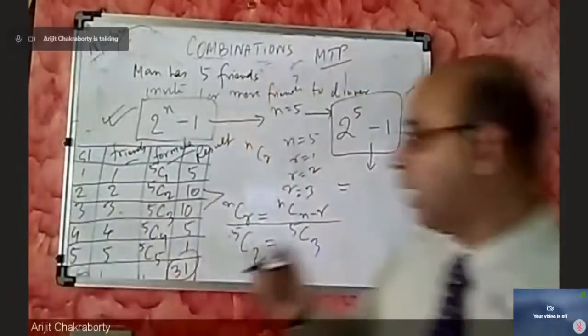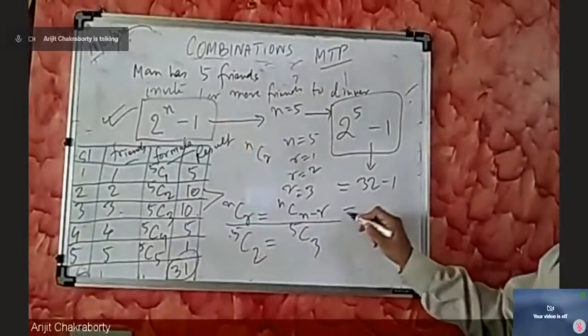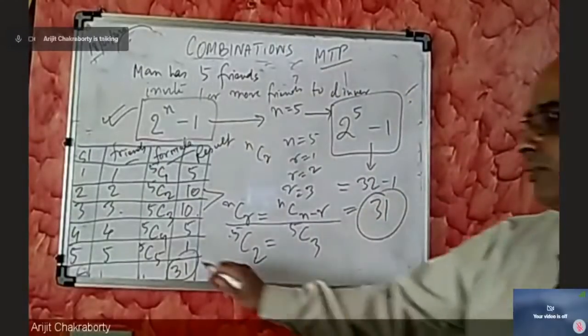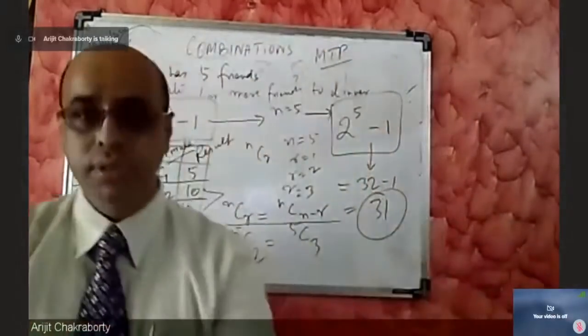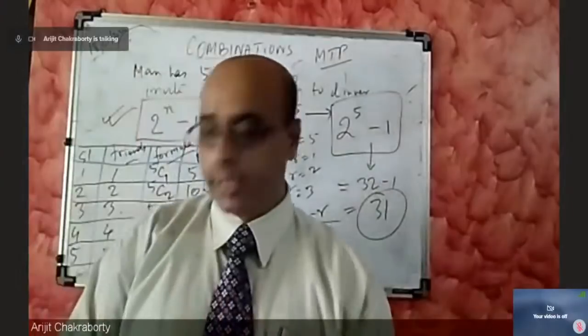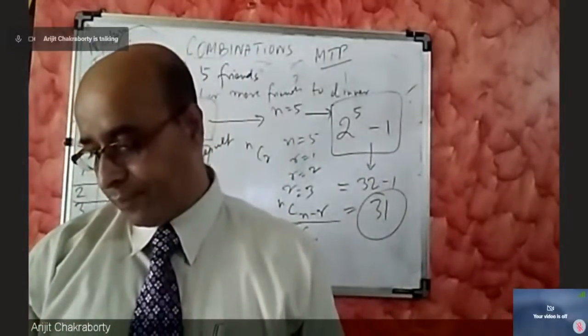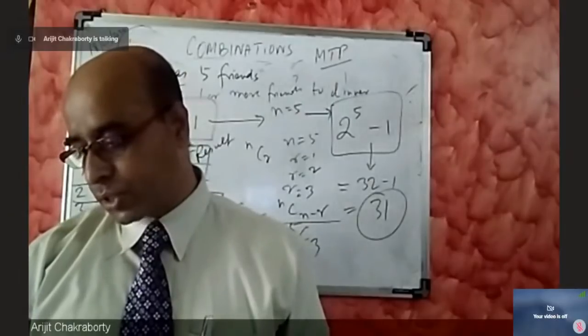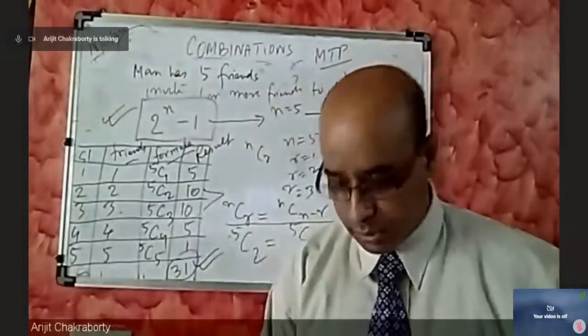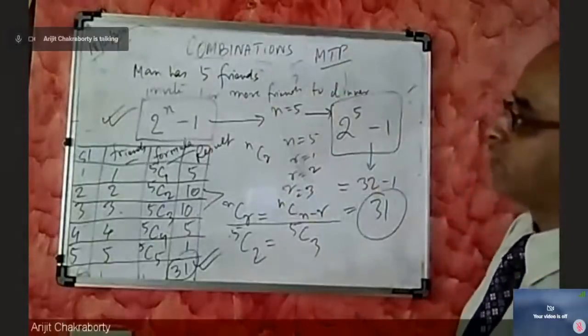So 32 minus 1. This is also 31. Here we also got 31. So please remember this formula as well, which is going to be very useful for you in solving problems. Fine. Now we take up some more questions here, and I'll take up a question from page 5.24.